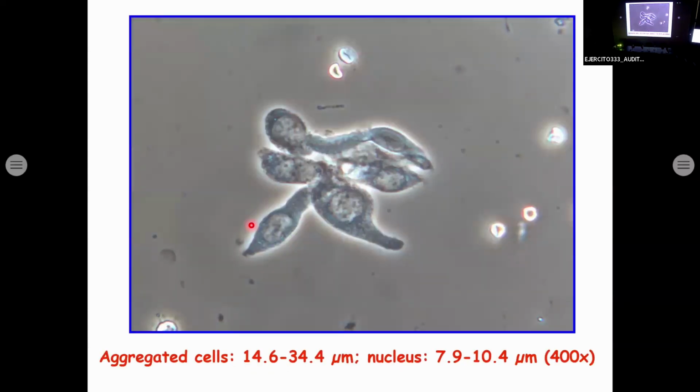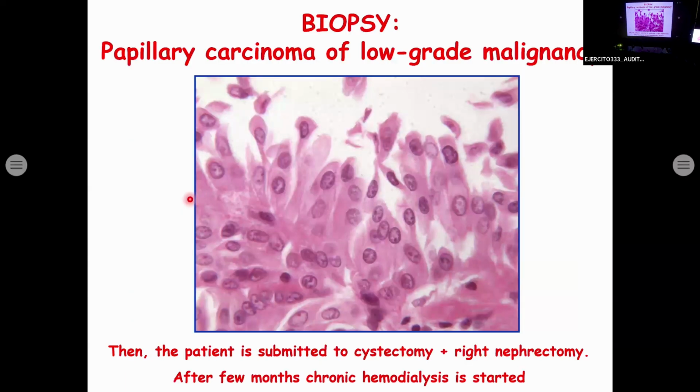And here we have a clump of atypical cells, okay? And the presence of clumps is another sign of malignancy, or inflammation. And we took the biopsy during cystoscopy, the bladder biopsy, and these are the cells which we have found in the bladder, in the tumor, in the cancer of this man.